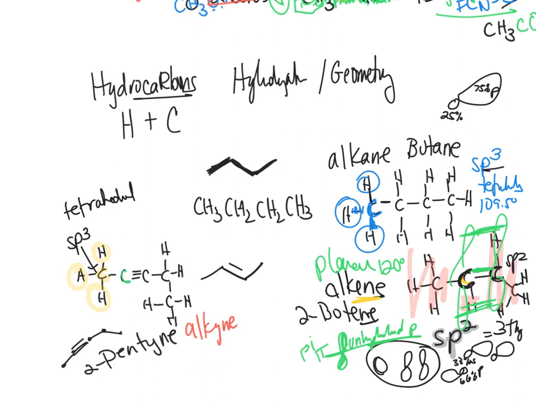This carbon here is bonded to 1, 2 things. So that one would be sp, because if you add the superscripts, 1 plus 1 is 2. So 2 things, so it's sp. sp is linear, and the bond angle is 180 degrees. So this is 180 degrees.